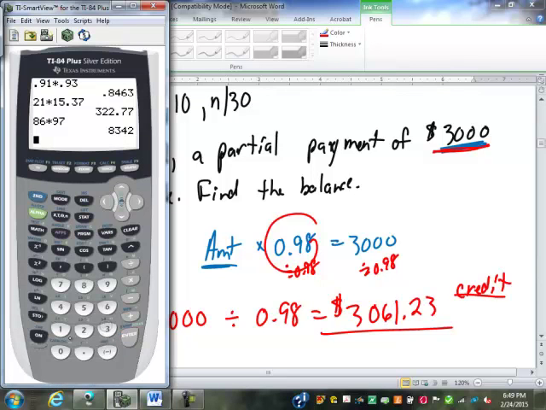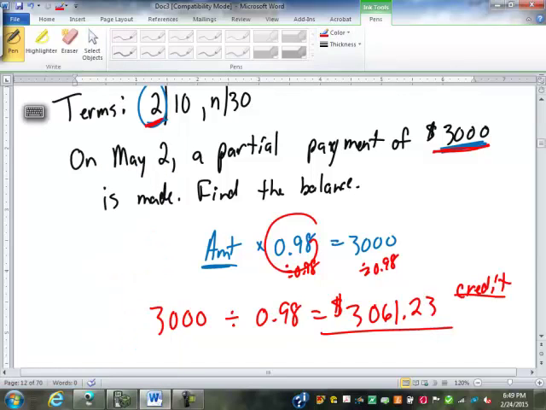What'd you get? Here, let's try it. That would actually just be 22, because it's 224. So 3,061.22. You were doubling, rounding off. Now that's the credit.